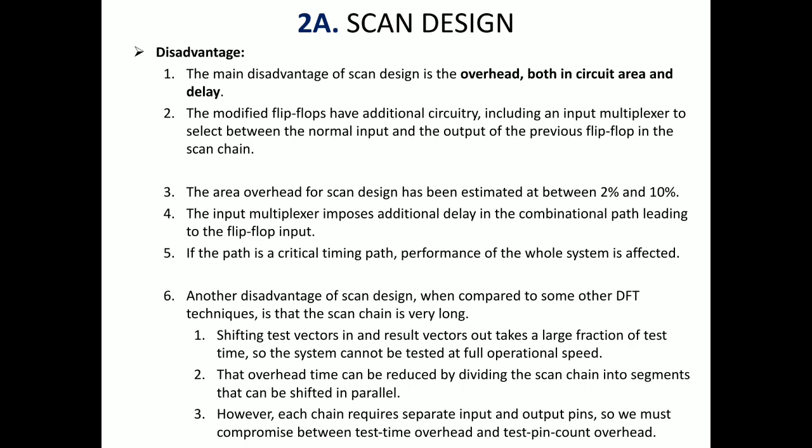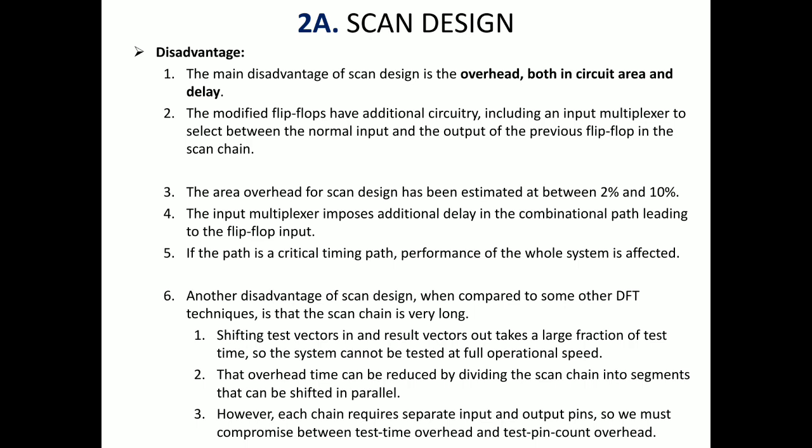Because to verify whether we are getting the correct output or not. This line, please listen carefully. We are connecting the output of the previous flip-flop as input to make sure whether we are getting the correct output or not. The area overhead for scan design has been estimated at between 2% and 10%. Whatever the area increase is, it is between 2% and 10%.